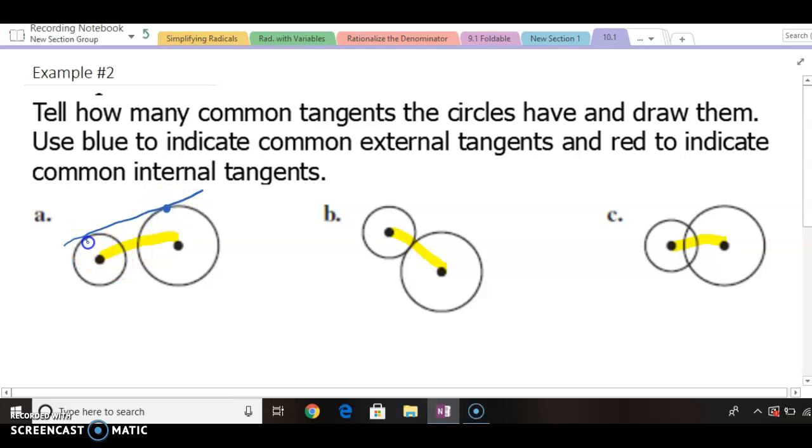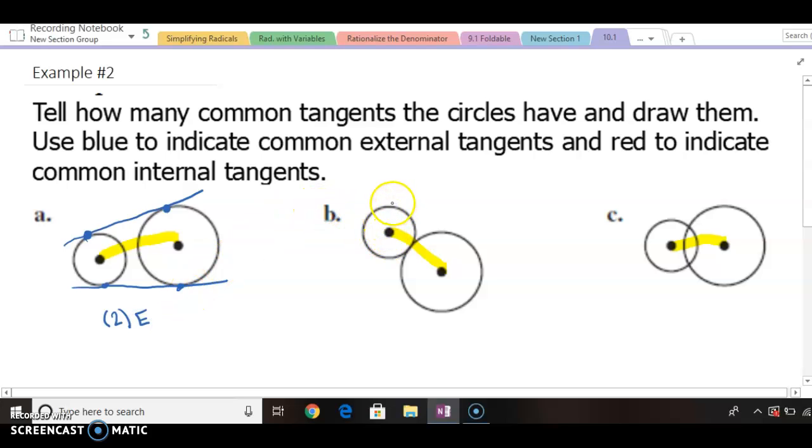I know it's not perfect. Okay, and it does not cross this imaginary line that we highlighted. So there'd be one common external there, and we would also have a common external down below here. Okay, so we would have two common external tangents.